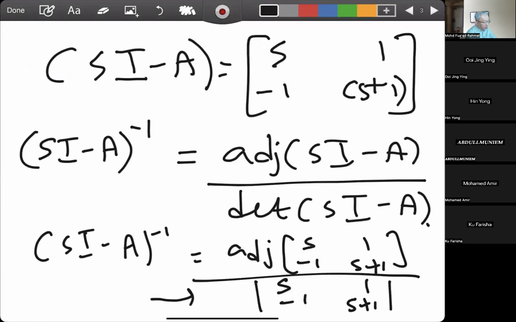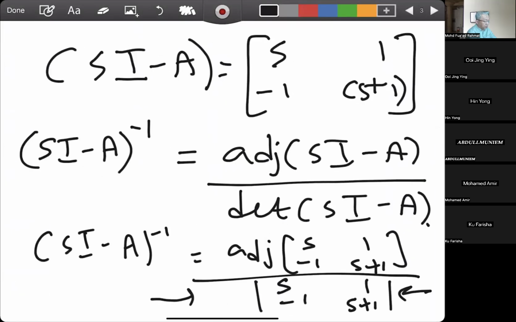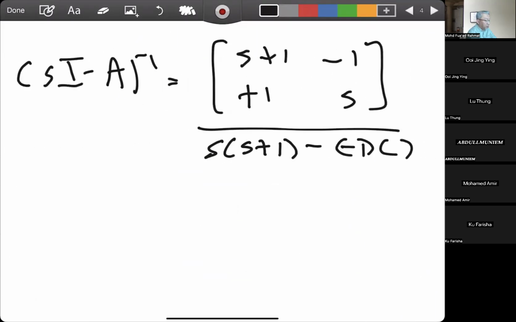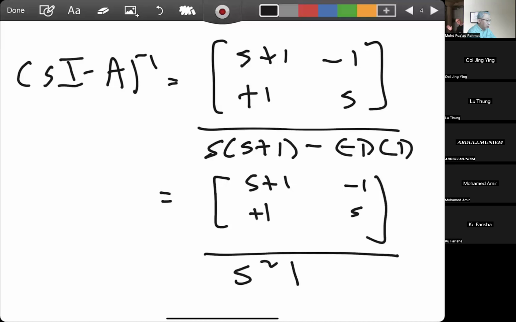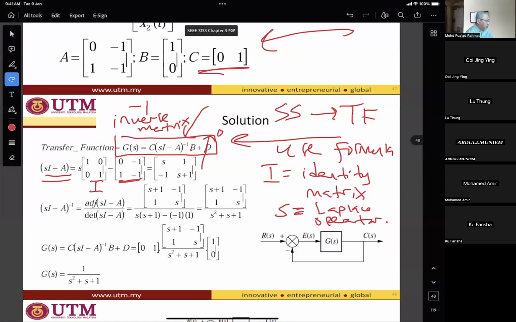How do you find the determinant of this? The top row first, cross multiply, then minus the other one. Yes, okay, so that's why you get this one.